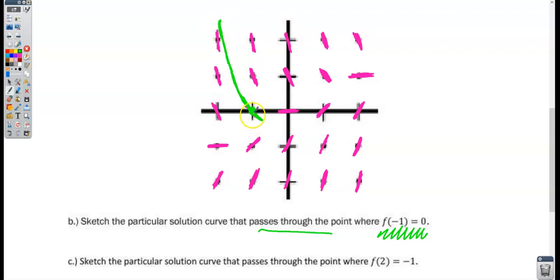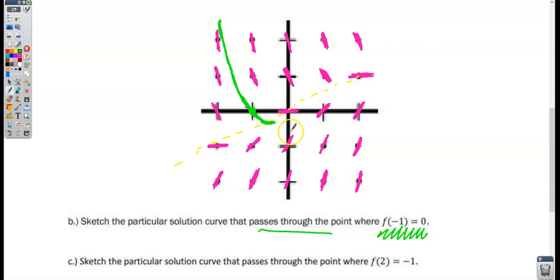We've got a negative slope coming out of this point, but eventually we're going to hit this little line right here where the slope is 0. And when our solution hits that line, the slope of our solution curve should be 0.